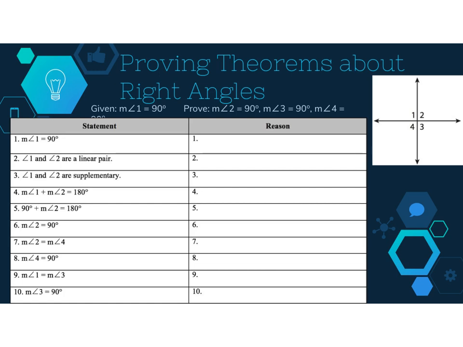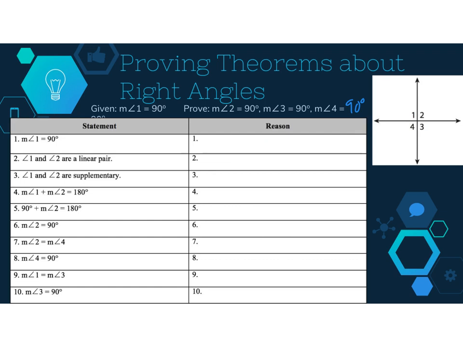Now we're going to jump into a proof here. So we want to prove the theorems about right angles. So we have a diagram over here. We have one angle that we know for sure is 90 degrees. And what we want to prove is measure of angle 2, 3, and 4 are all 90 degrees as well.